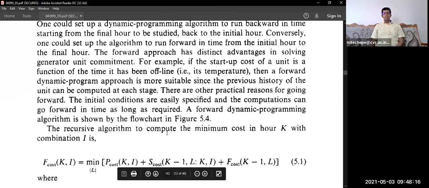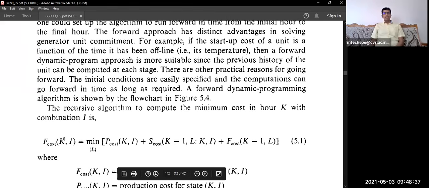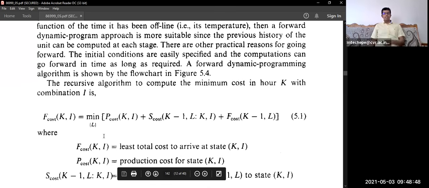This is the recursive algorithm to compute the minimum cost in state k with the combination I. F cost of k comma I is the least total cost to arrive at the state k comma I.